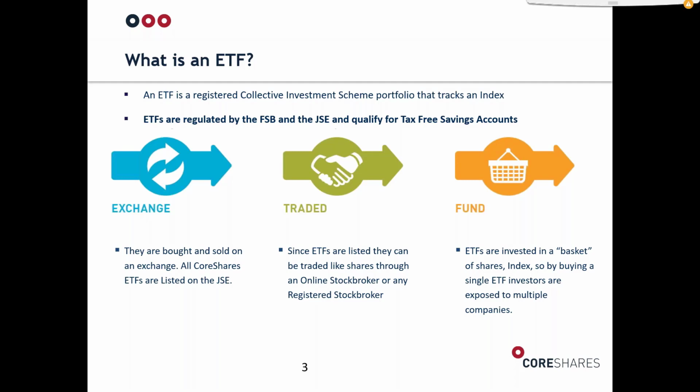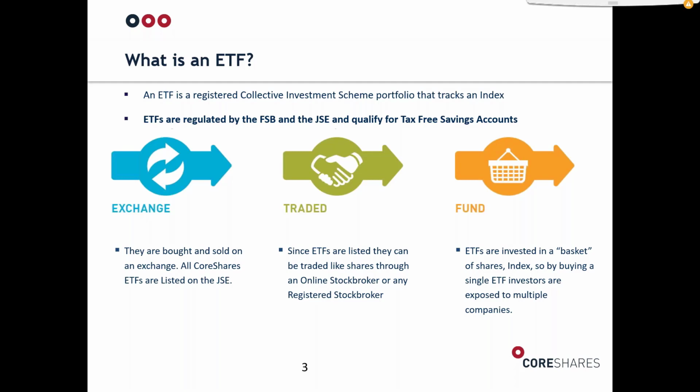The reason the commodity-based ETFs are not collective investment schemes is because under the regulation of the FSCA and the Collective Investment Schemes Control Act, you can't have a portfolio that is invested 100% in a commodity. Very simply, when you buy that ETF, it's physically backed by the underlying commodity.